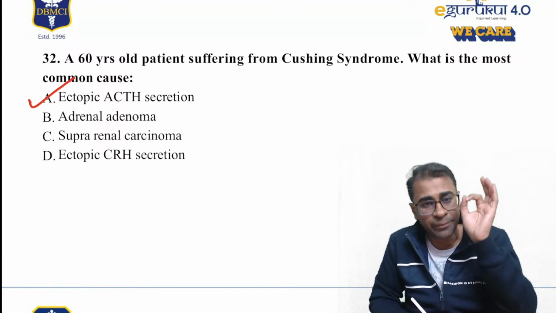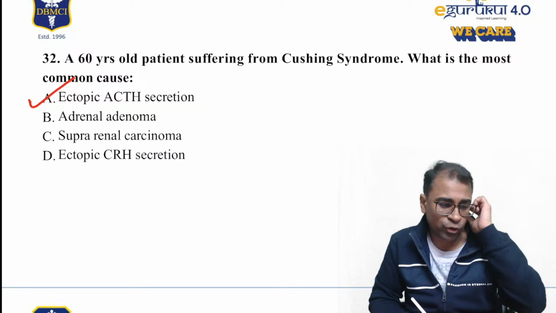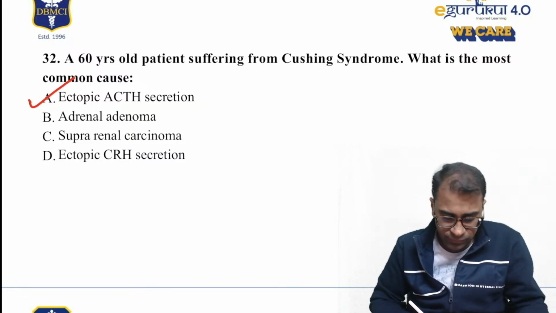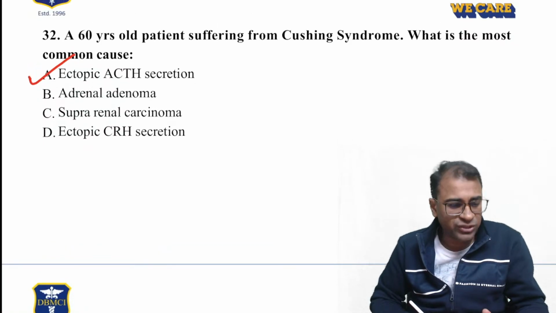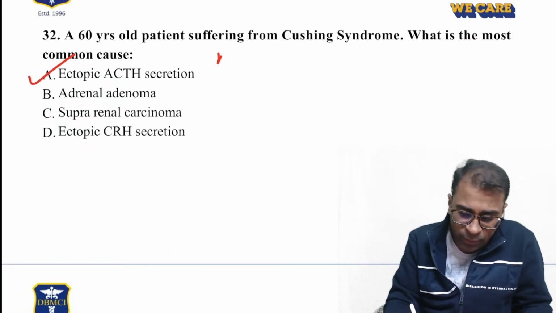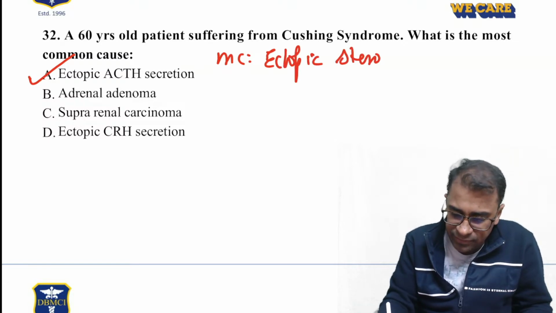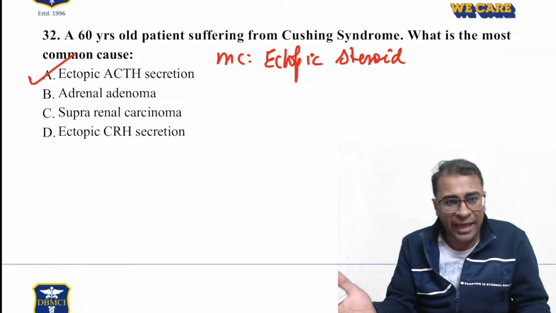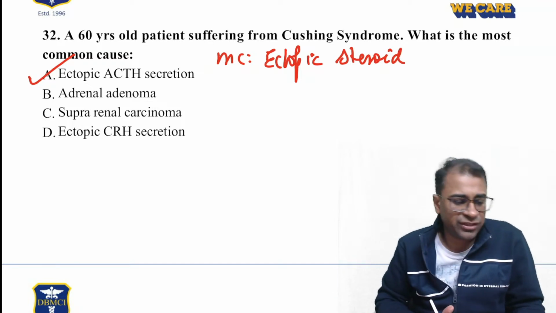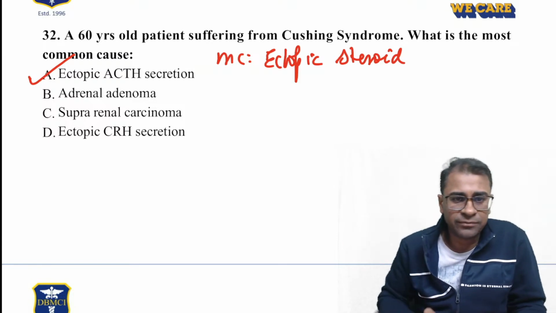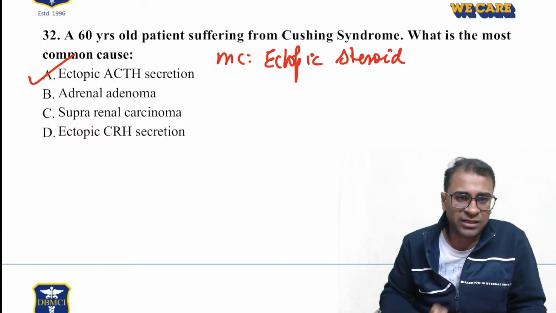Very good. The most common cause is always ectopic ACTH as a rule. वैसे most common cause होता है exogenous steroid intake, but वो option में नहीं है, and hence here the answer is ectopic ACTH secretion. So the better answer is A.